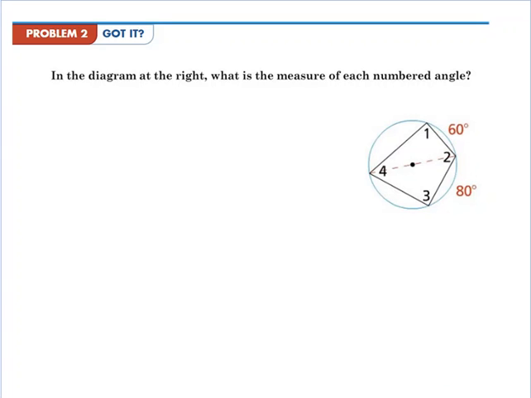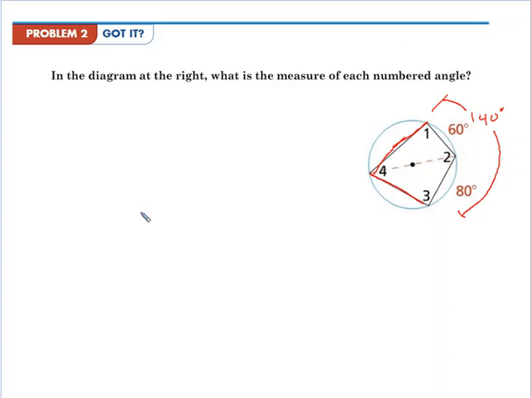Okay, so what I'd like you to think about is, which of the 4 angles will we be able to find first? It doesn't have to be angle 1. The way I see it here, if I take the 60 and the 80 and add them together and make 140, the inscribed angle that connects to that arc is this one that's actually measured angle 4.